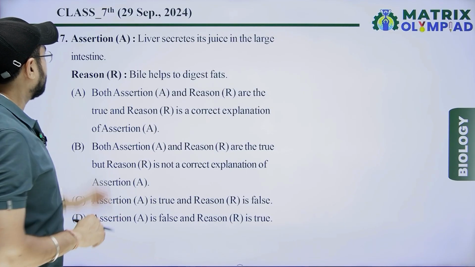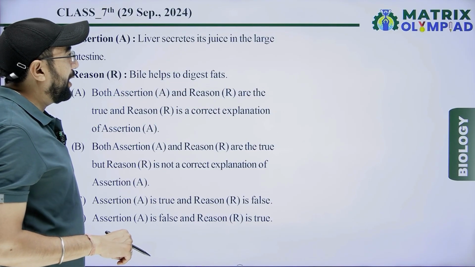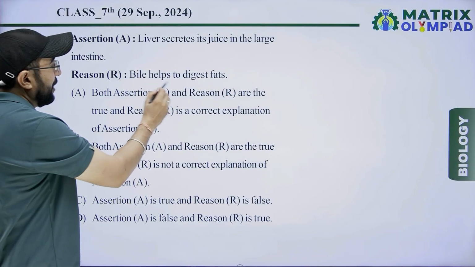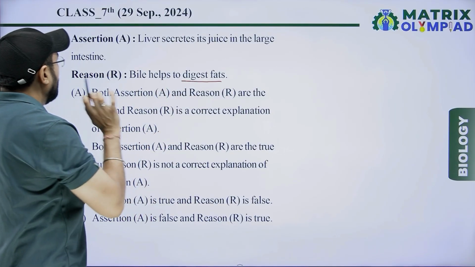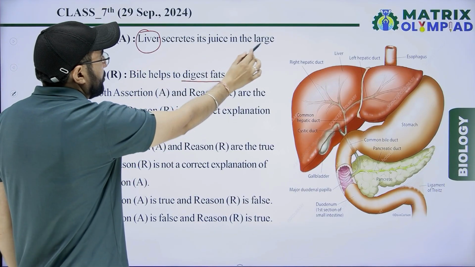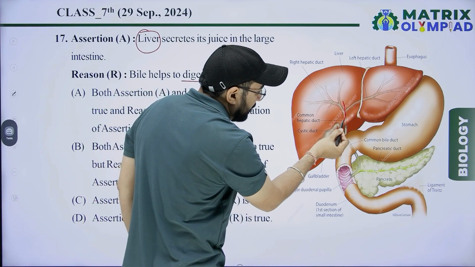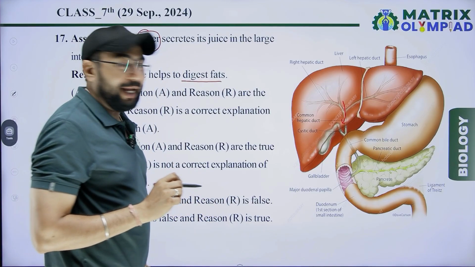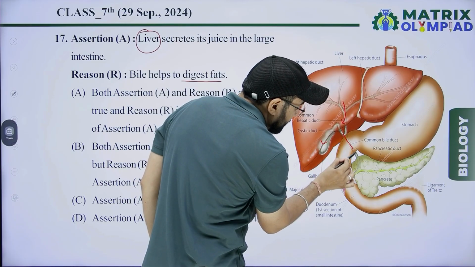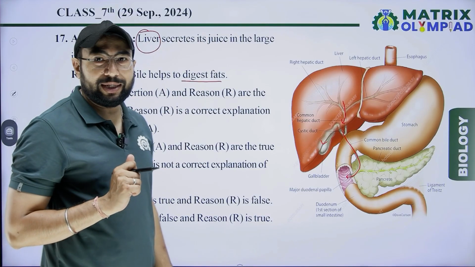Next question is, assertion A: liver secretes its juice in the large intestine, and reason: bile helps to digest fat. Assertion A, liver secretes its juice in the large intestine, but the liver releases bile juice and that is stored in the gallbladder, and the bile duct helps release bile juice into the small intestine.